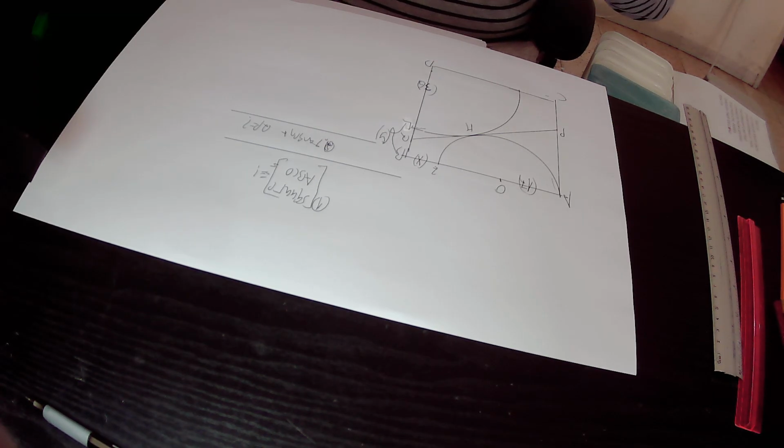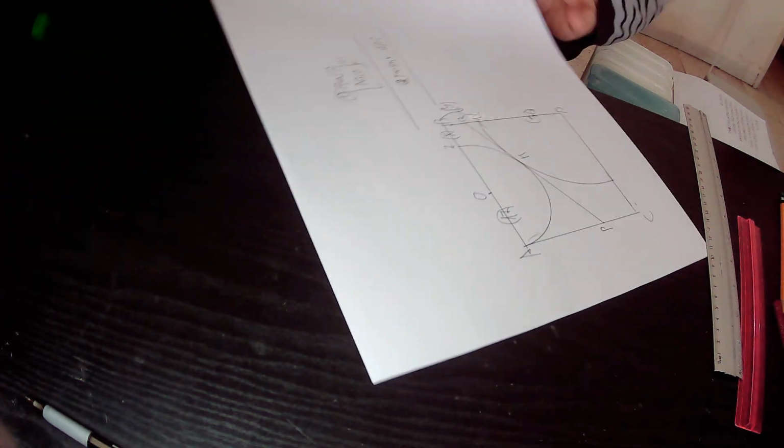So the first task is to find out the area of this square ABCD. So what is the area of this square ABCD?